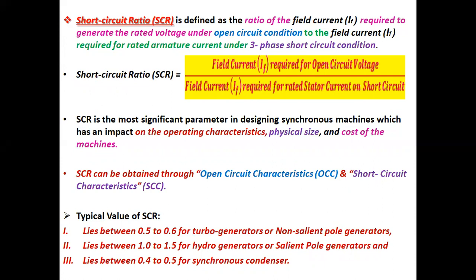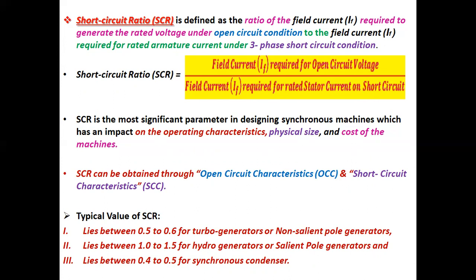SCR is the most significant parameter in designing synchronous machines, which has an impact on the operating characteristics, physical size and cost of the machines. SCR can be obtained through the open circuit characteristics and short circuit characteristics, that is OCC and SCC.